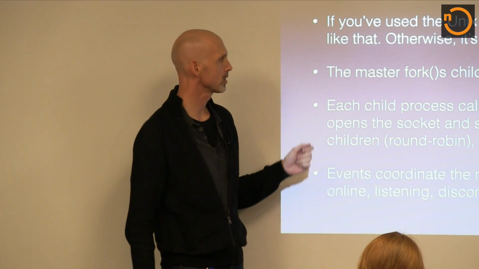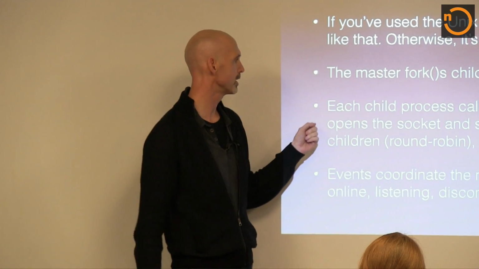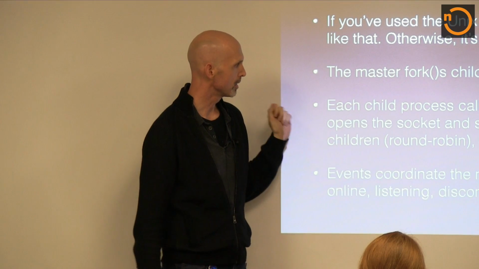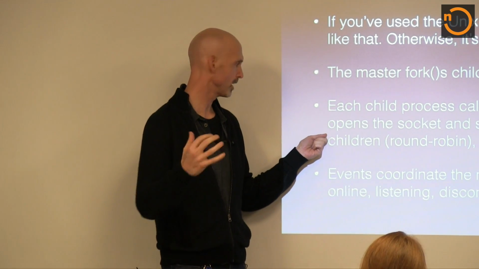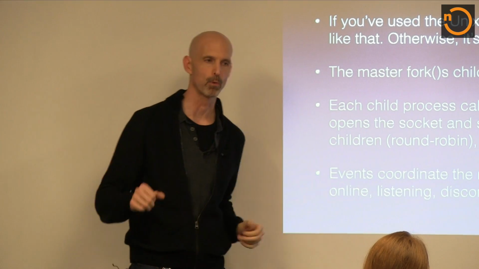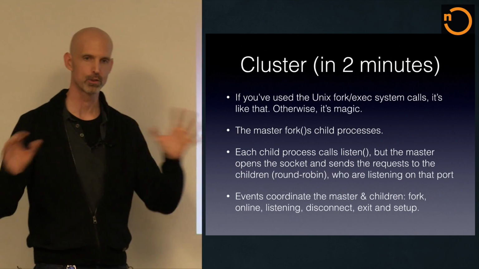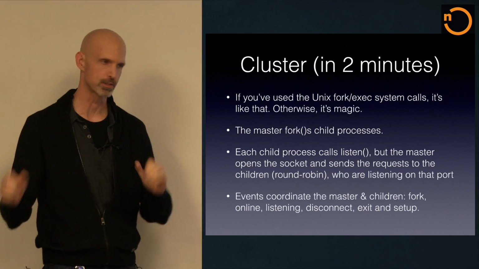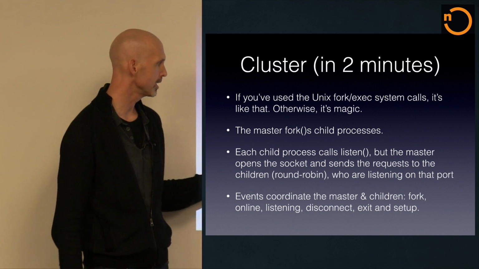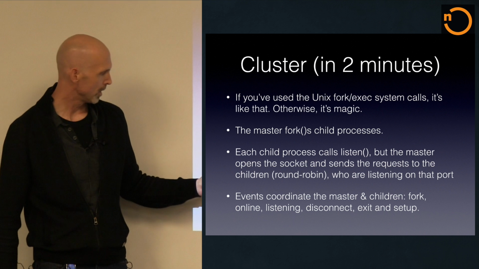Each child process calls listen in Node, but the socket and listening is actually not happening there. The master is actually managing that I/O and then sending the requests to the children that are listening to that port. I believe children can now listen to different ports, and all the children have to listen to one port now.